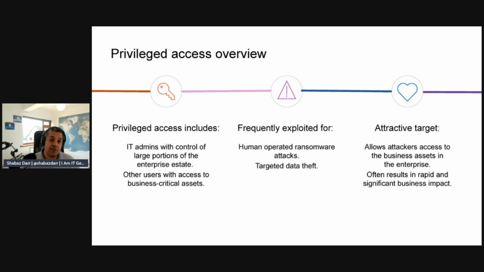Unfortunately, it often results in rapid and significant business impact, because if an attacker does get access to one of those privileged areas, like Active Directory or Entra, then obviously it's going to cause massive disruption. They're going to try to disrupt that business and maybe then try to get money or your data, something that's going to cost you as a business and allow them to benefit.